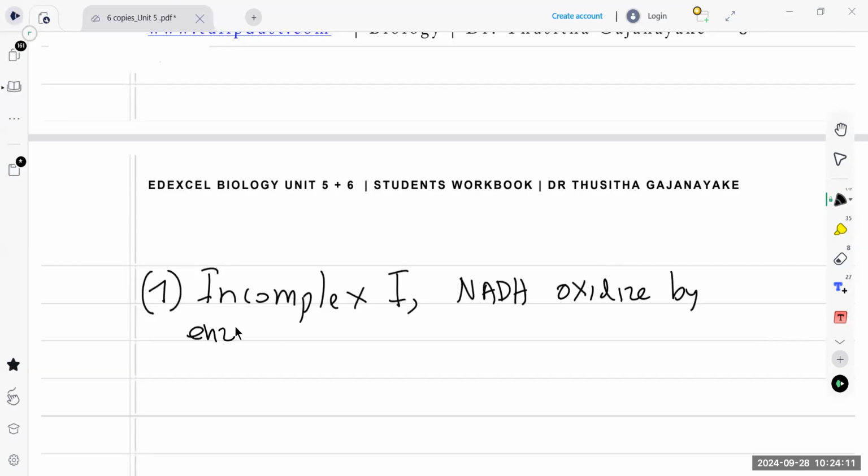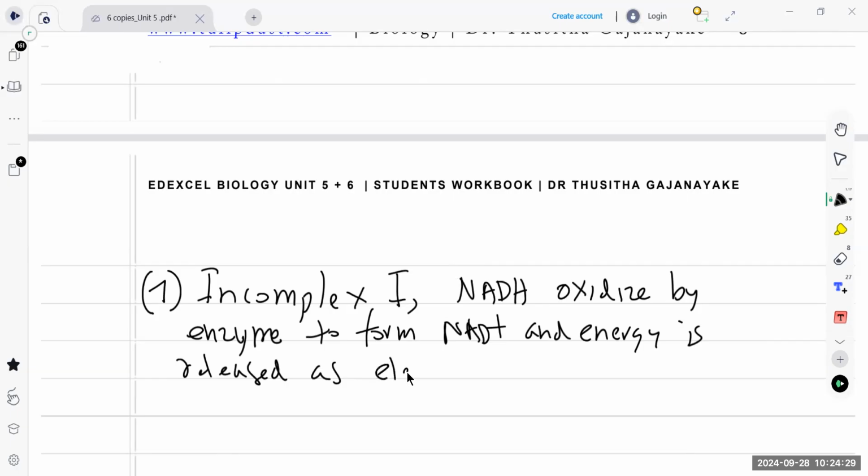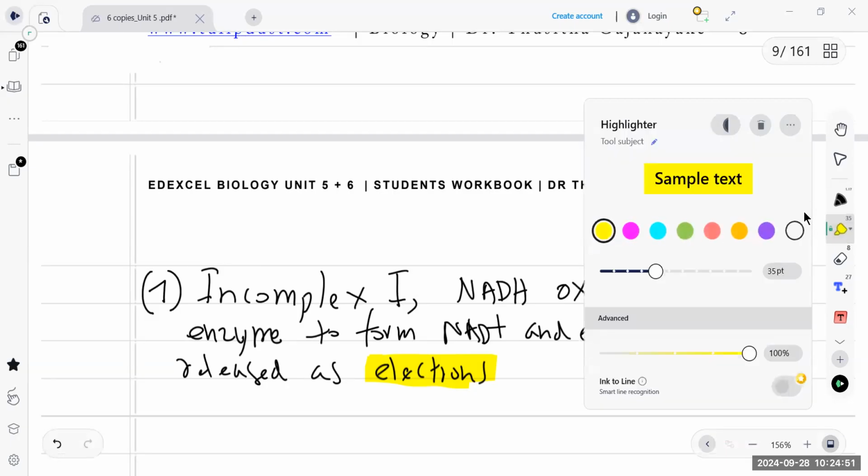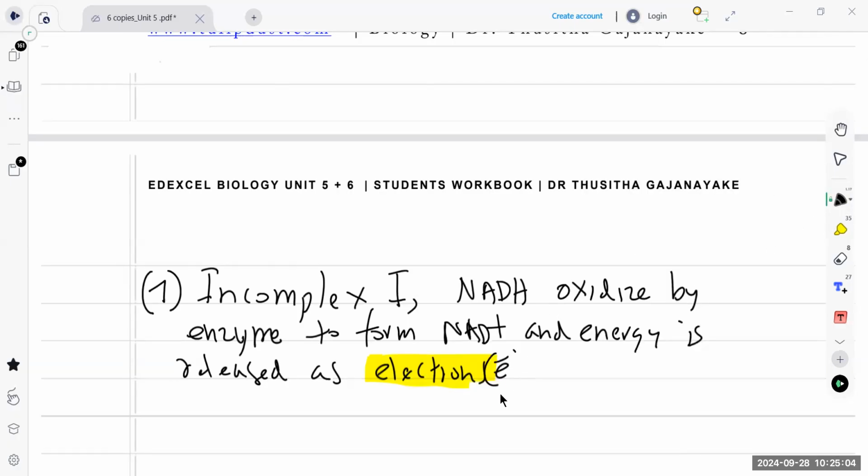In complex 1, NADH is oxidized by enzymes to form NAD plus, and energy is released as electrons.